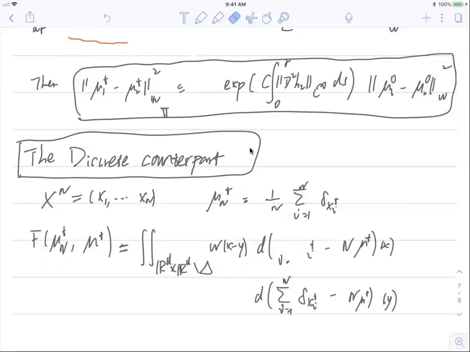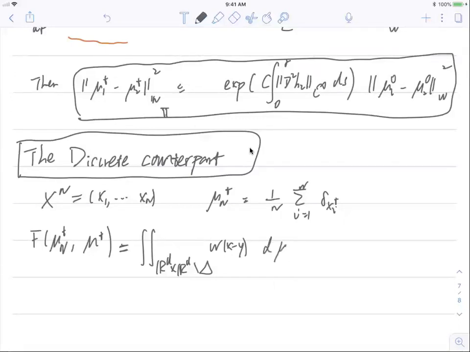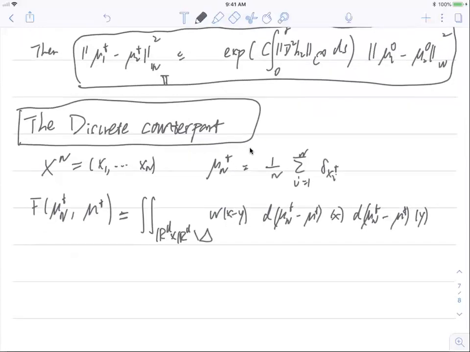Previously we just divided by 1 over n squared, so we can get the following one: d mu n t minus mu t x, d mu n t minus mu t y. Okay, so this is the counterpart. Nothing new, we just change mu1, mu2 to the empirical measure and the limit, right?